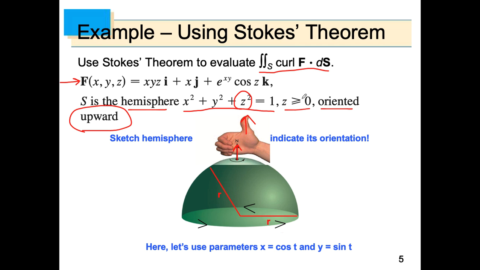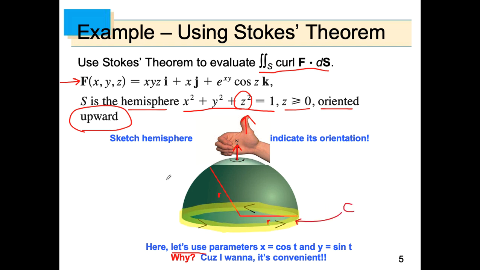I'm going to use the parameters x equals cosine of t, y equals sine of t. And why should we use these parameters? Honestly, because I want to. It's convenient, mainly because, like I said, if you take a look at the curve at the floor, it's very convenient to use those parameters for a circle of radius 1.